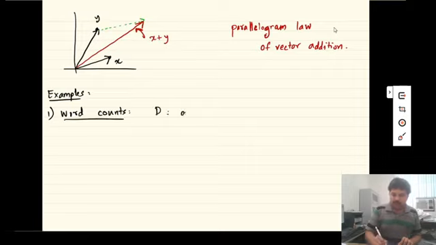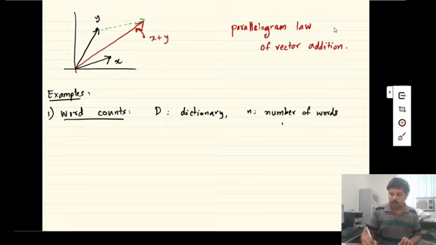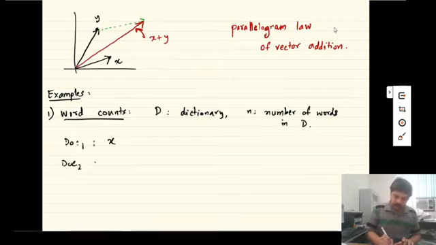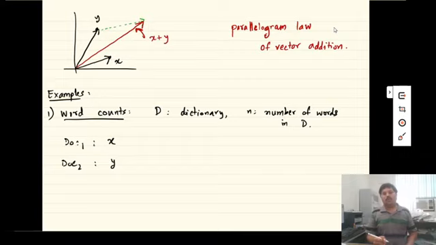D was the dictionary and N is the number of words in the dictionary, correct? And suppose I consider 2 documents, document 1 and document 2. Then document 1 is basically a vector x and document 2 is basically the vector y. Then the addition x plus y really means how many times a particular word appears in both the documents. That's the meaning of the vector addition x plus y.